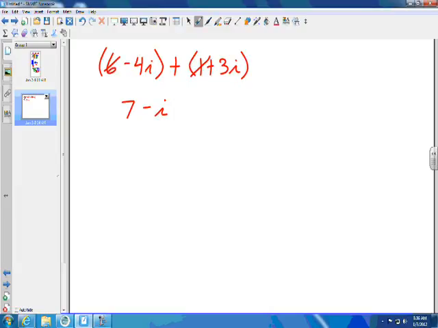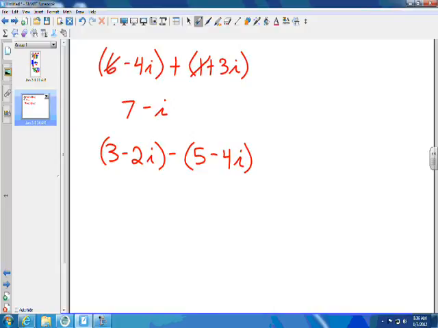It is subtraction. 3 minus 2i, and we've got a minus in the middle, 5 minus 4i. So what would we do first there? You could distribute the negative number in there.